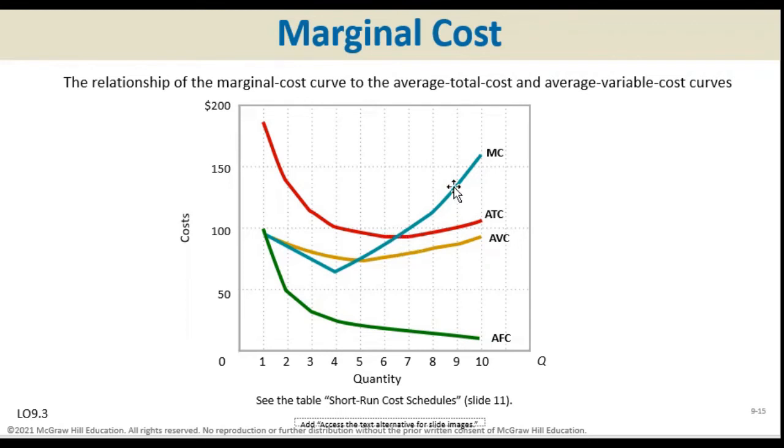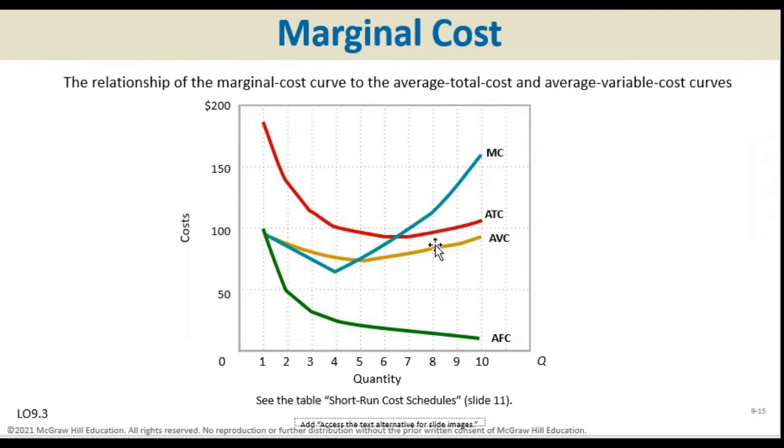And when the marginal cost, the light blue one over here, is below the average total cost curve, the average total cost falls, right? When it's above, it starts rising, right?